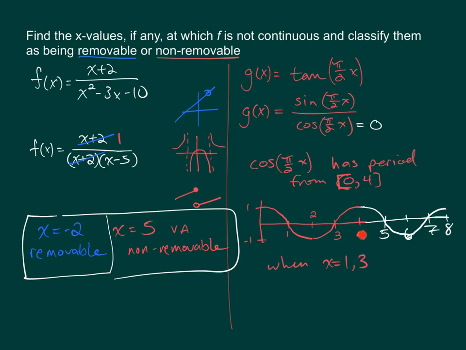We could take this entire graph, copy and paste it on the left-hand side, on the negative side, and we can go in both directions forever and ever. But it looks like this is going to be every single odd number there ever was.